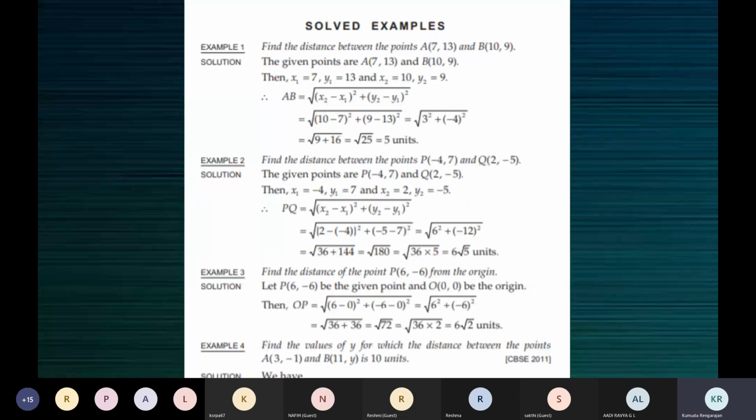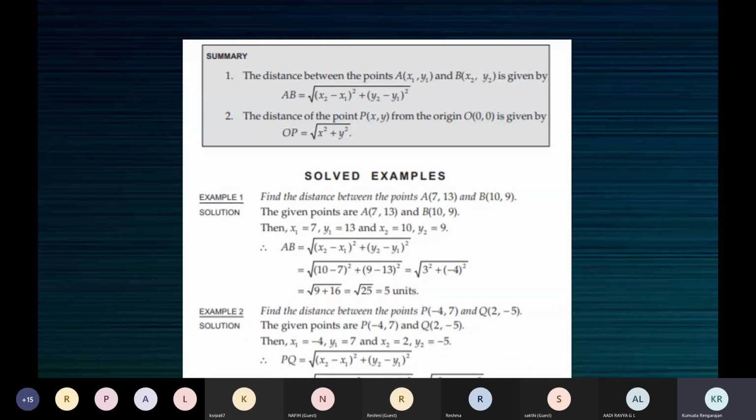So here you see the summary of what we understood. Read this yourself.